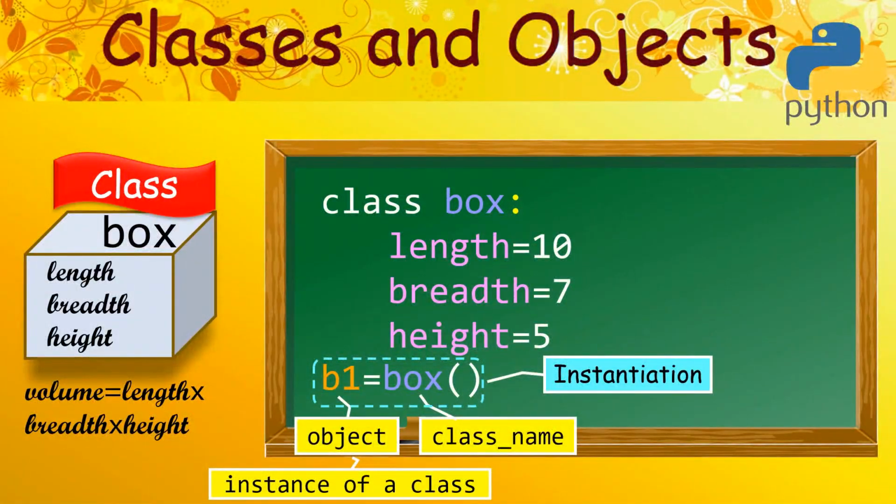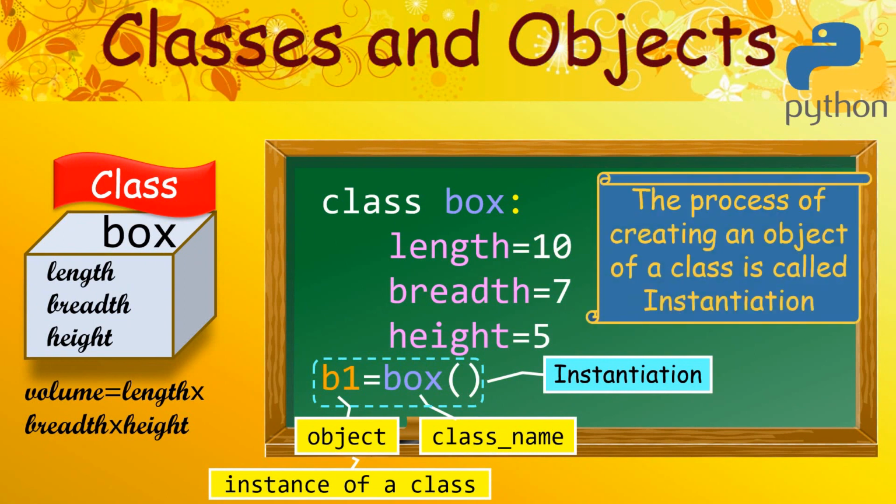Instantiation takes place. The term instantiation is derived from the word instance, which means creating an object. The process of creating an object of the class is called instantiation.